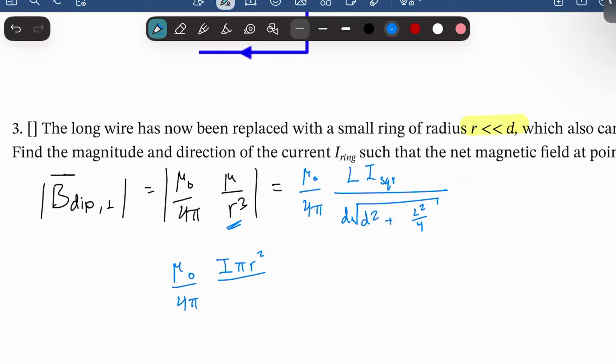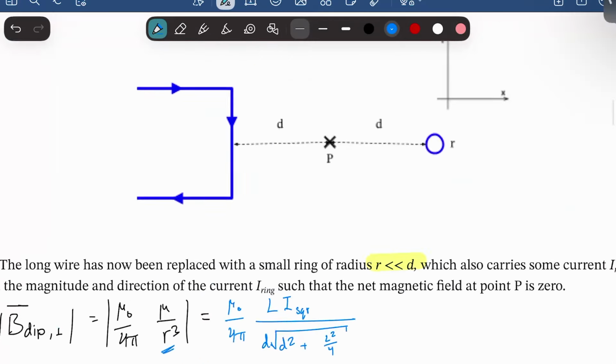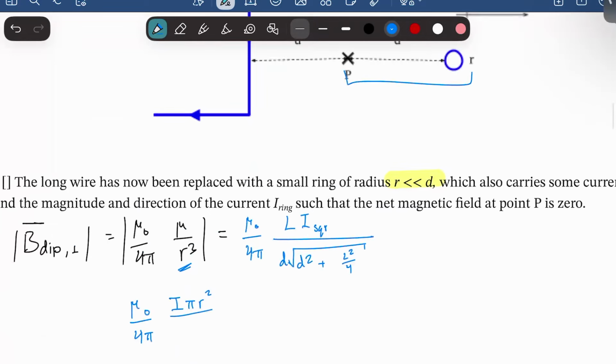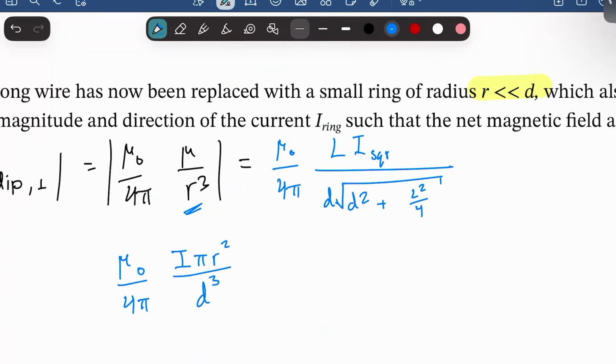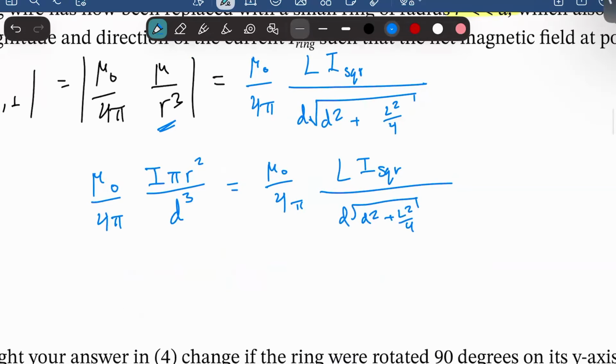This r in the B dipole formula is your distance, so that's going to be d over d cubed, equal to mu naught over 4 pi times L I squared times d root d squared plus L squared over 4. Okay, let's cancel out some constants.